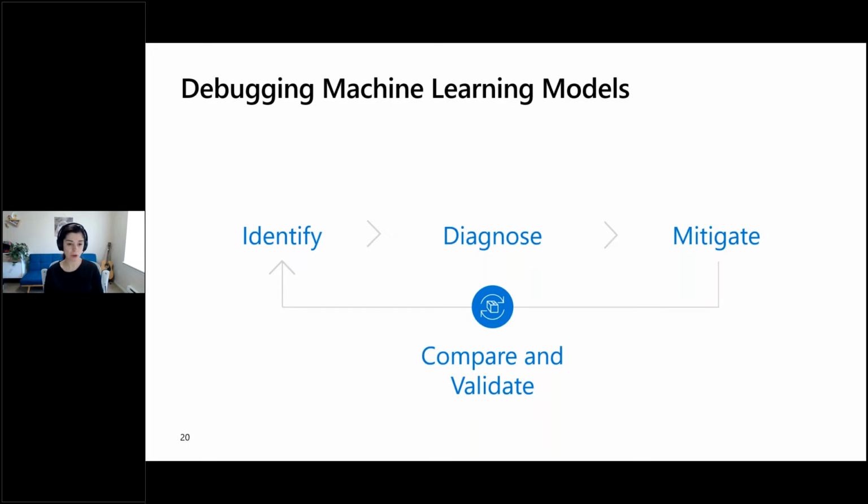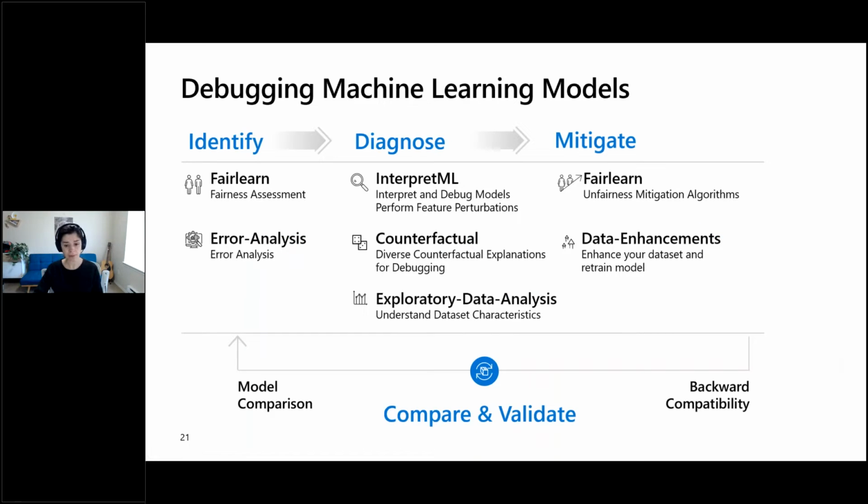We're going to give an example of this later on, but one thing we want you to take away from this talk is this loop of model improvement, where one starts with error identification, detailed diagnosis, and then takes an informed step towards mitigation. And after that, maybe compare and validate the model to see whether the errors that were identified in the first place were actually mitigated.